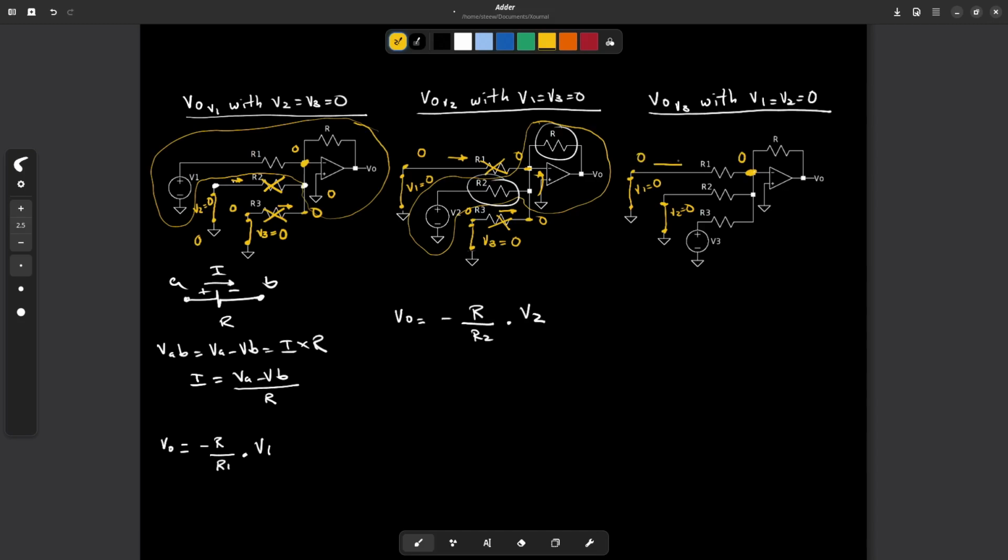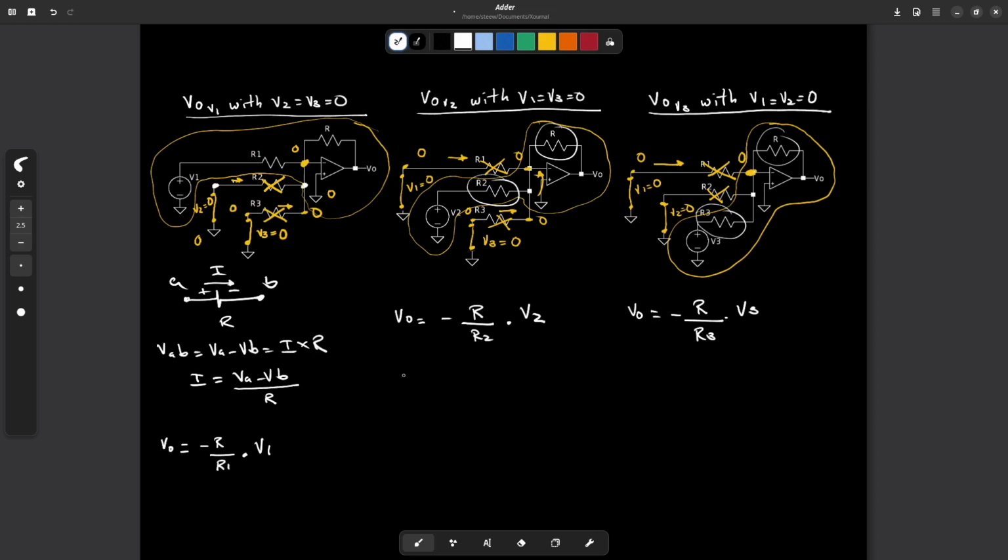The resulting current through R1 is 0, so it is as if R1 didn't exist, I can take it out of the circuit, and the same happens with R2. So the remaining topology, which is this one, is an inverting topology from which we know that V0 equals minus R divided by R3 times V3.